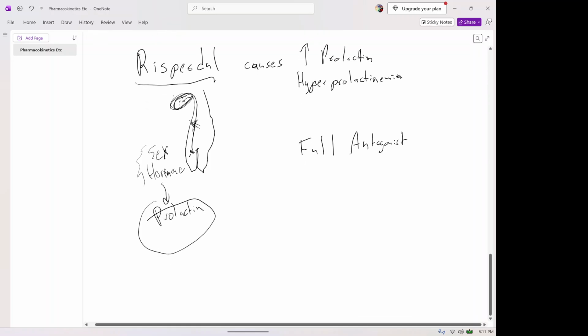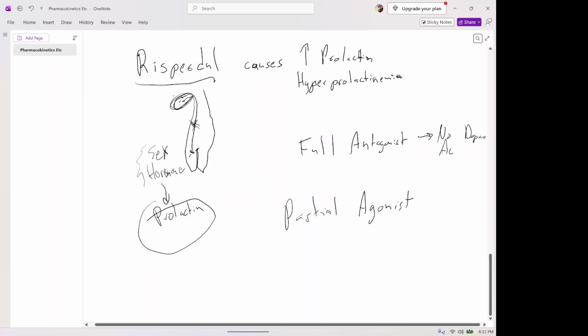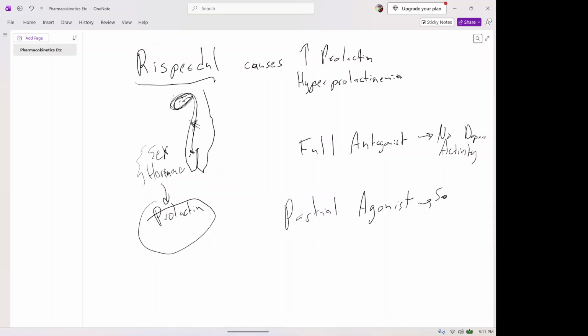But a partial agonist gives just enough dopamine activity that it can usually shut down the overproduction.